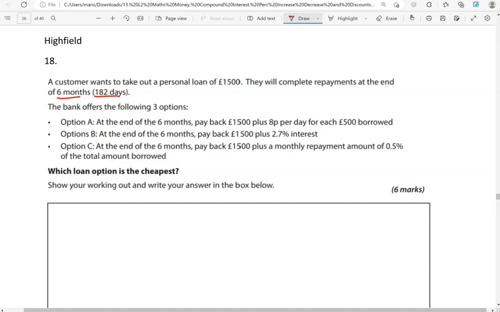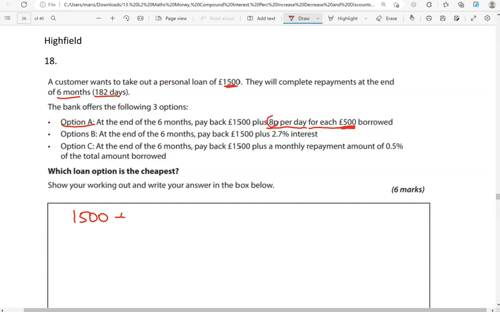Let's look at each option. Option A, at the end of the 6 months, pay back £1,500 plus 8p per day for each £500 borrowed. So that is 3 lots of 500 fit into 1,500.